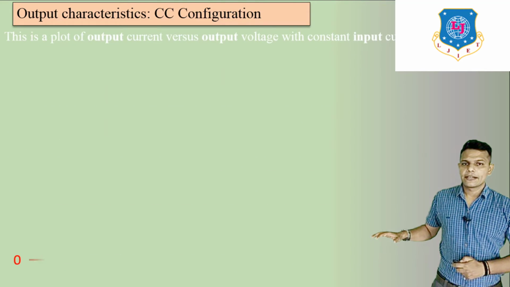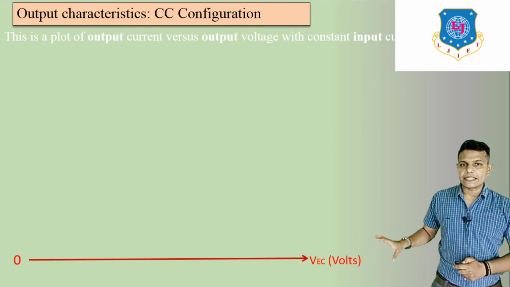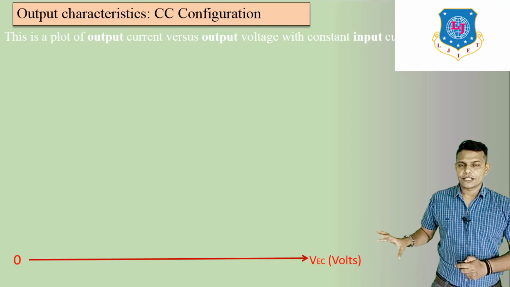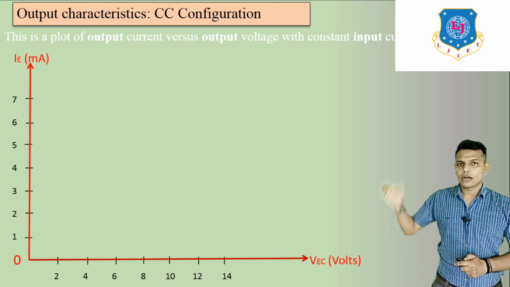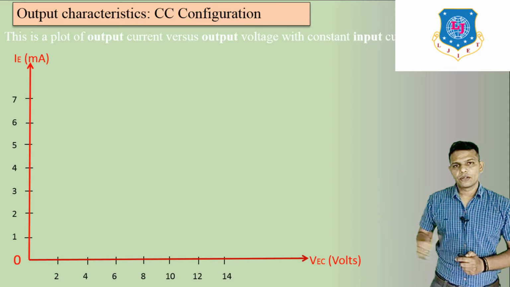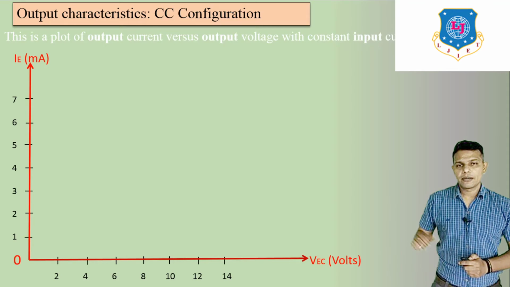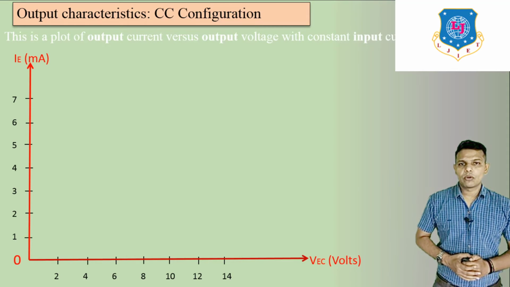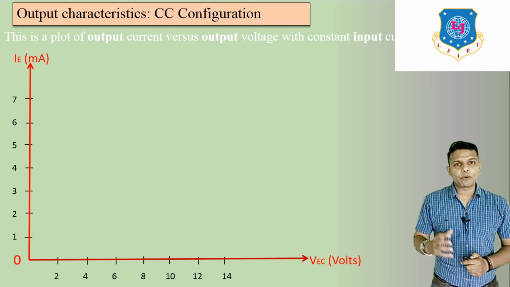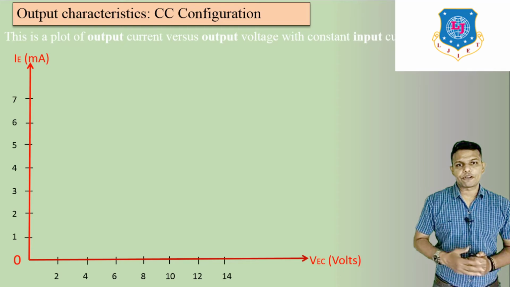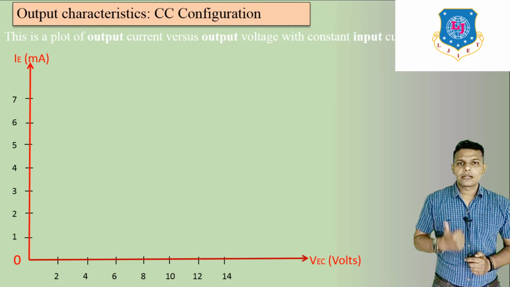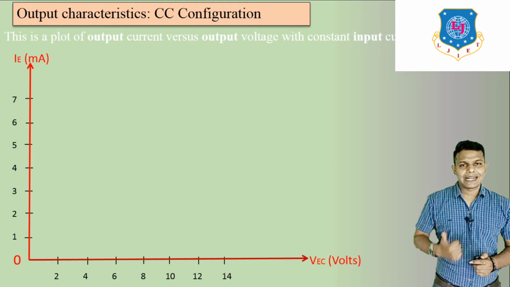So here we can see on the x-axis VEC, because VEC is your output voltage, and IE is your output current on the y-axis, which is in milliampere. Now this is the output characteristics. It is divided into three different regions: cutoff region, saturation region and active region. So let us discuss the cutoff region.